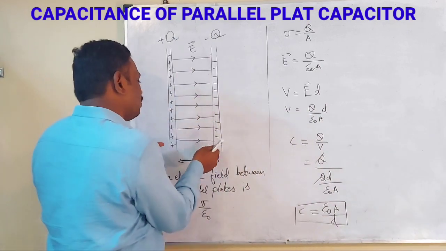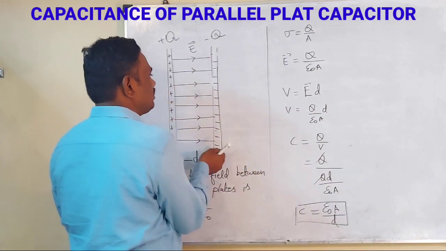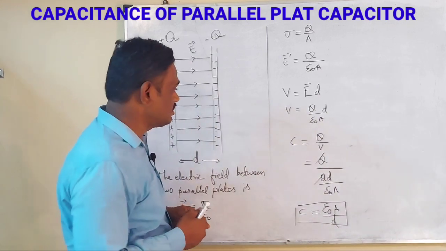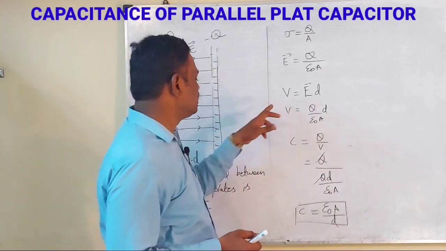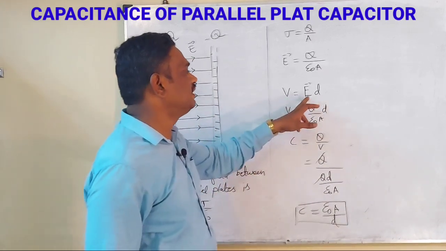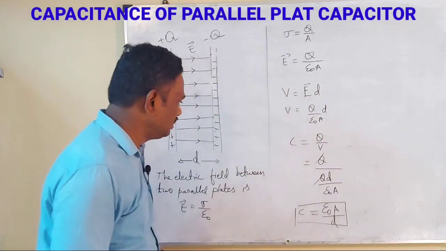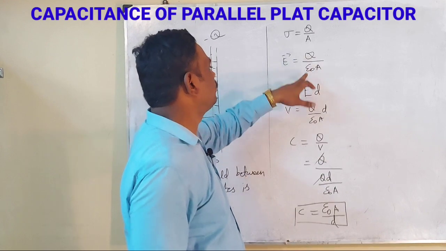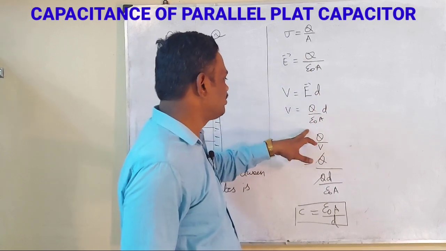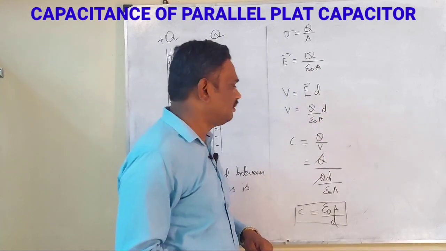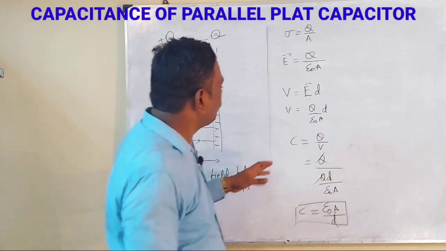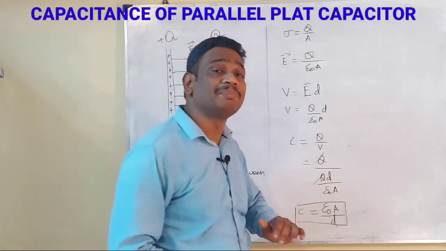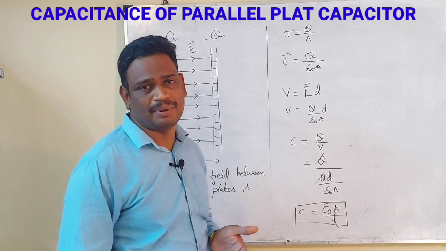So there exists a potential difference between the positive and negative charge. This potential difference is equal to field into distance, that is electric field into distance. Here I know the electric field is q by epsilon naught A, so V is q by epsilon naught A into distance d.